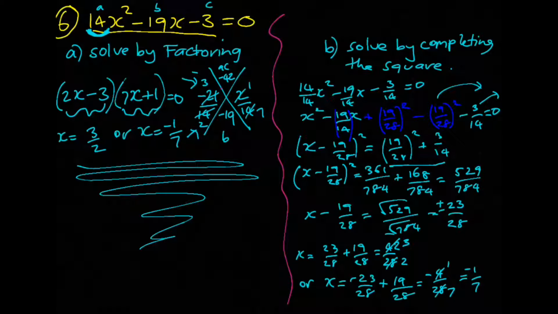So if you just look up here again, we have got the same answers, just a much longer process, which is why you wouldn't use it if you can factor.